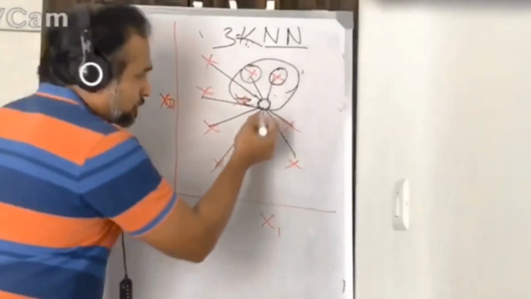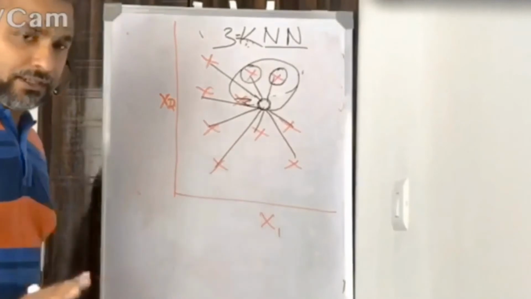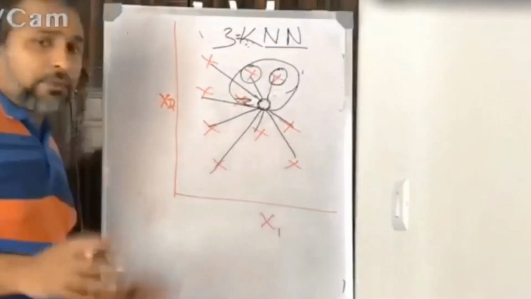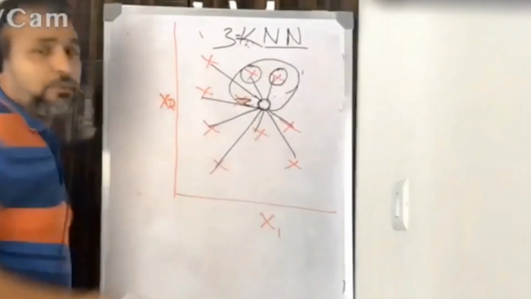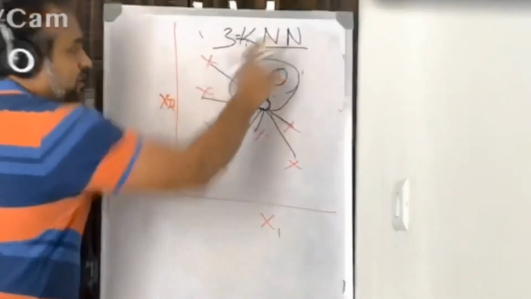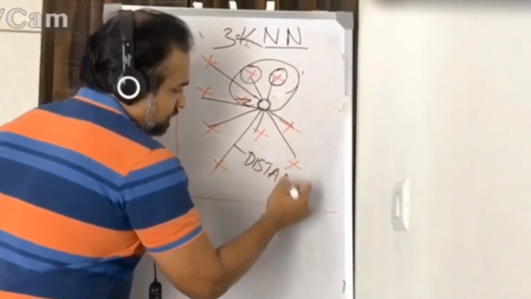So we just spoke about these distances, and that's one of the key concepts you will really need to understand. I'm going to later summarize the concepts into a table so that you will understand. The first concept you need to understand in a k nearest neighbor algorithm is the calculation of distance.